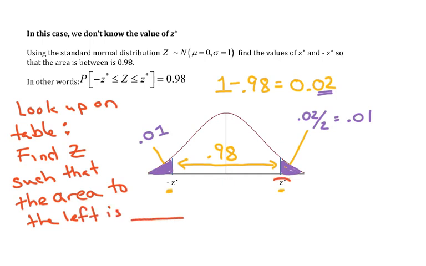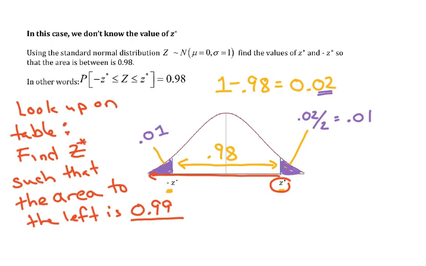Well, I'm going to try to find this z. What is the area to the left of this z? It would be 0.98 plus 0.01, making it 0.99. That's the total area to the left of z star. So that's my z star.